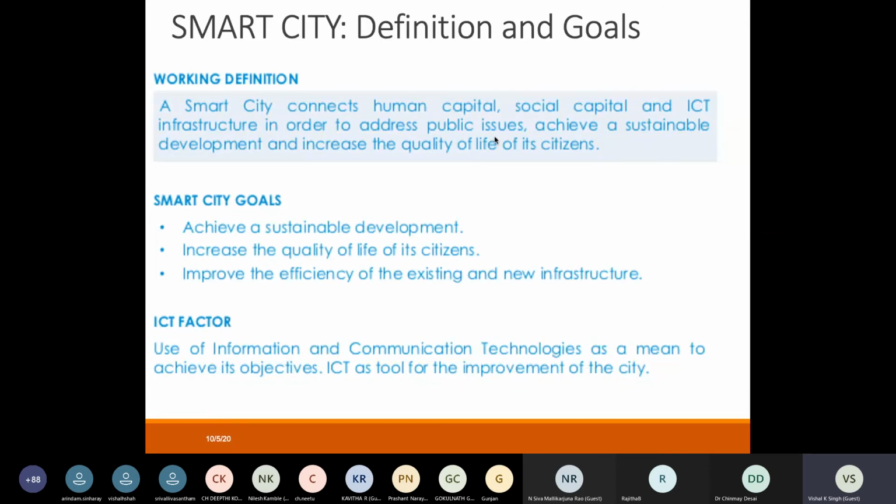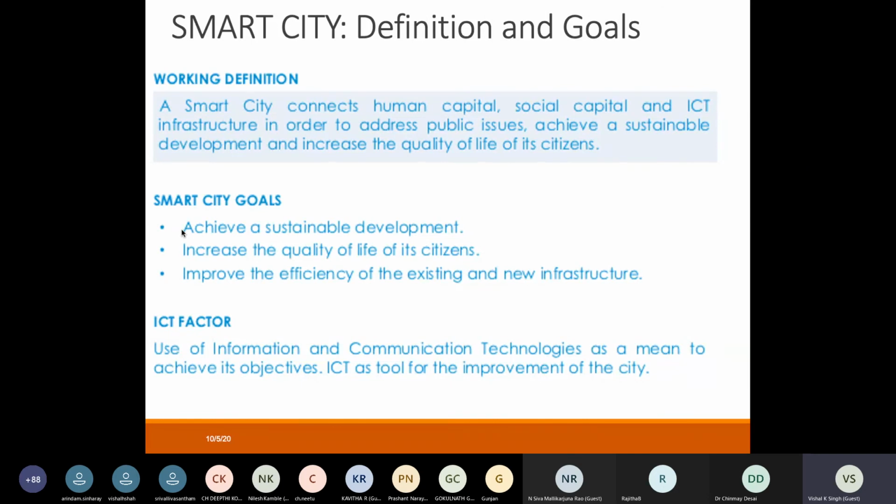Now, these goals of the smart city, as I just explained, can be derived from here, and that is the smart city goals. As you can see, the first is to achieve sustainable development. I hope all of you have a basic understanding of what sustainable development is.